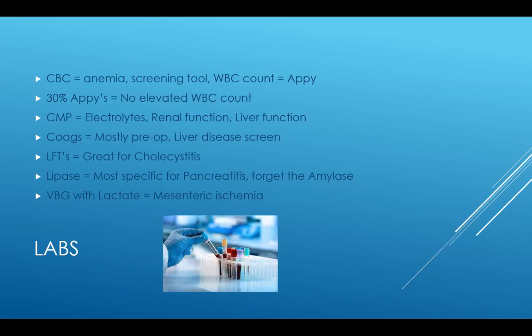So we want to check coags on anybody with suspected liver disease. Another thing that will be off with liver disease is their total protein. So the first two things that change in liver disease are the total protein as well as the coags. So coags is always a good test, particularly if we're worried about liver disease or the patient bleeding to death.